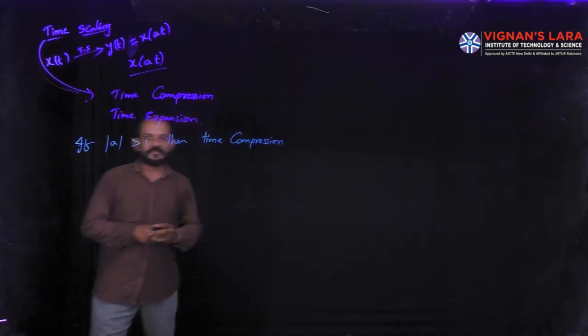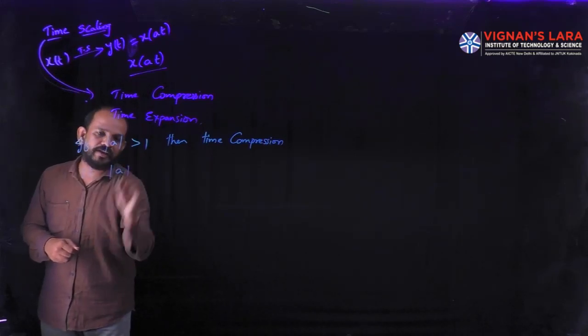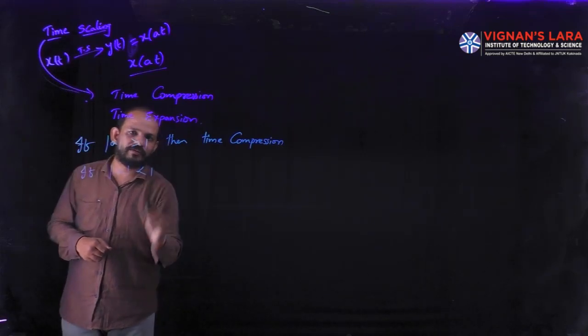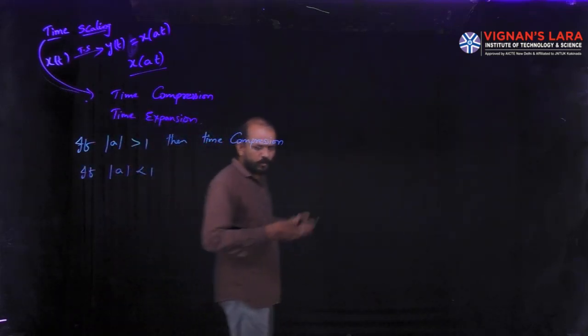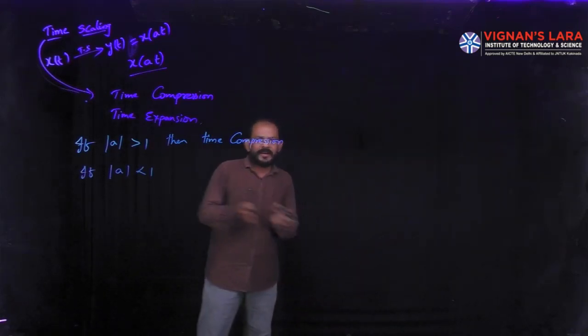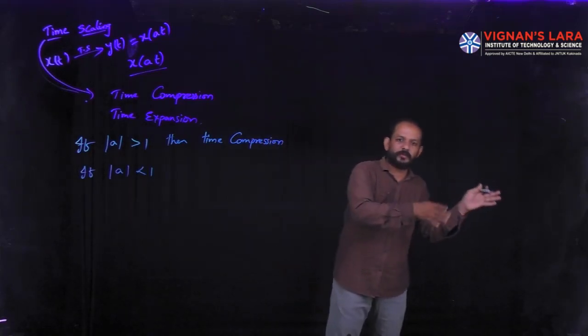Okay. Next, if the mod a value is less than 1, that means less than mod a, that means minus a to plus a, that is minus 1 to 0 and 0 to plus 1.